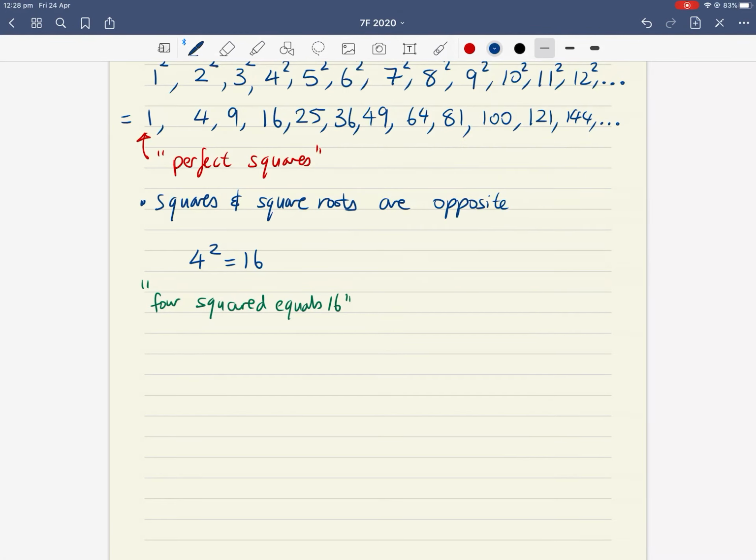So if the opposite of squaring is square rooting, then we could also say the square root of 16 equals 4. So since 4 times 4 is 16, 4 squared is 16, then the opposite, the square root of 16 is 4.